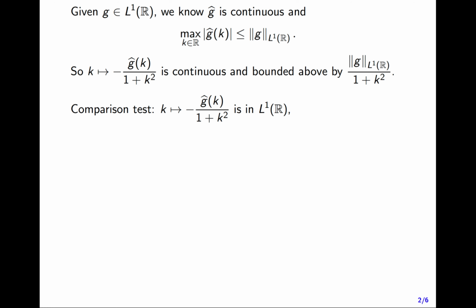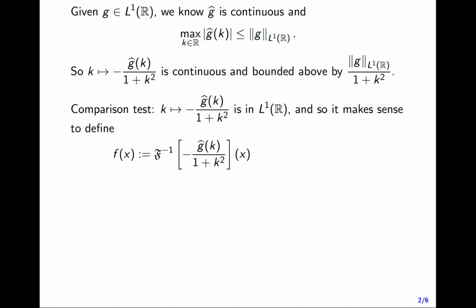So this is a locally integrable map because it's continuous, and it's bounded by this thing, the L1 norm of g over 1 plus k squared, and we know that map is in L1 of R. So the comparison test tells me that k goes to minus g hat of k over 1 plus k squared is an L1 map. And what does that mean?